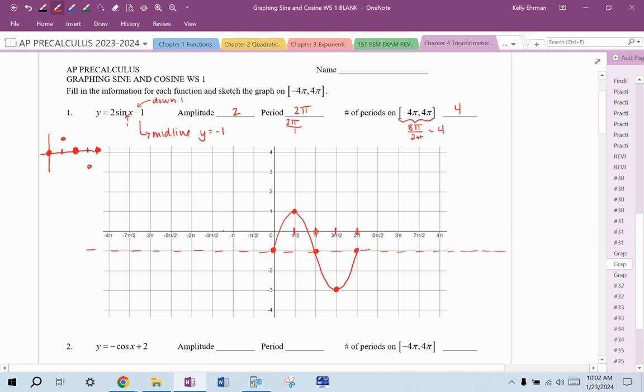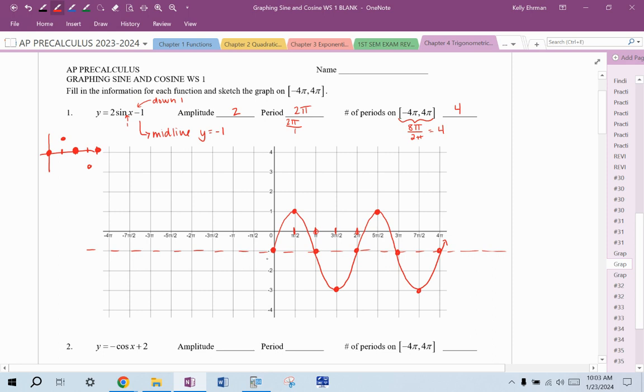And then what do I do to get this to keep going? I just keep going. If you look at the period, we've got 1 point plotted every one box. So just keep up with the pattern. 2 units above the midline, midline, 2 units below, midline. Here's 2 full periods of that sine curve, and continue it on.